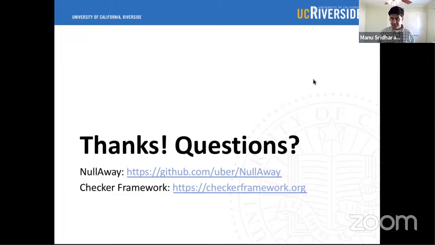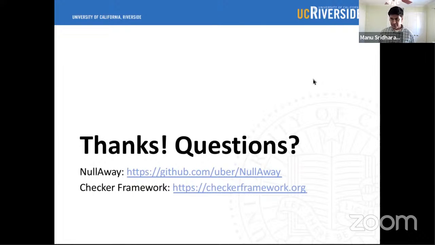But beyond that, we have an active research project on trying to do better inference for NullAway. It's a tricky problem, but we believe that some significant part of the work of annotating this legacy code could be done automatically.